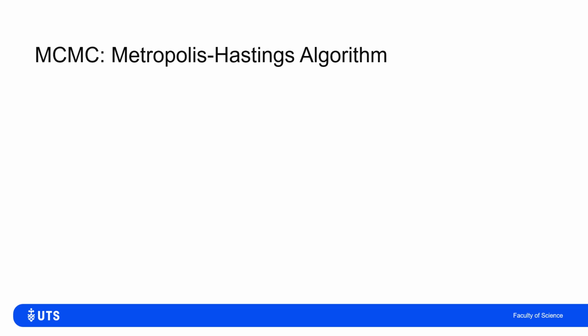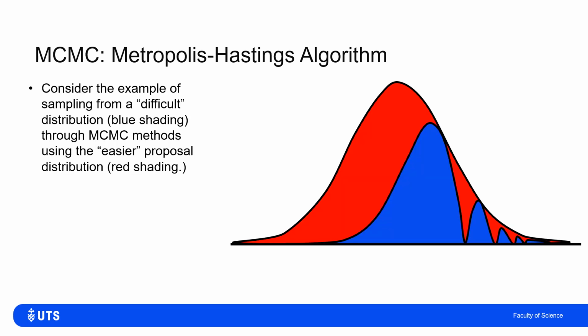We ended the previous video with this nice sculpture-based analogy of how MCMC works, where if I want to sample from a difficult distribution, like the blue one, I throw something around it that I can sample from, such that it covers all the values, potentially and a lot more, the red distribution here, and then I chip away at the excess.